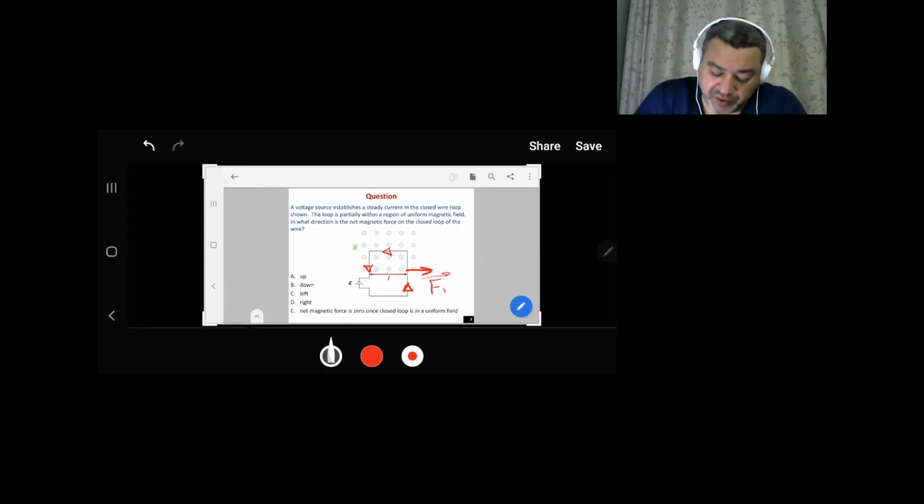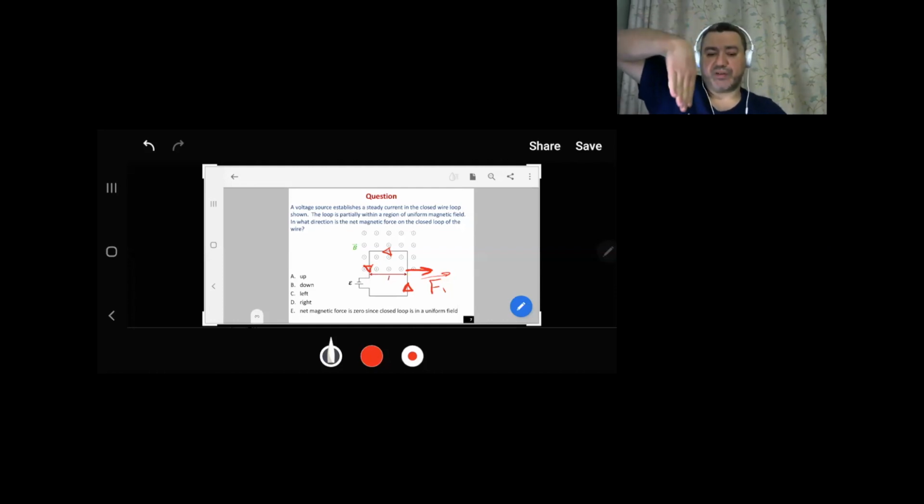Now, if I go to the other wire here with the opposite direction of the current, definitely the direction of the force will be in the opposite direction because the current has flipped here. We can also show that.